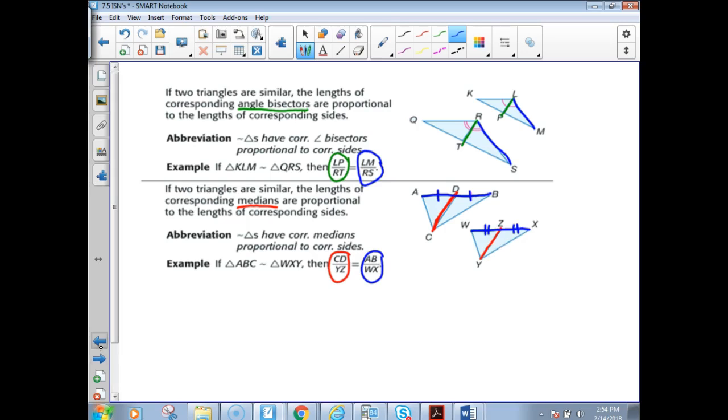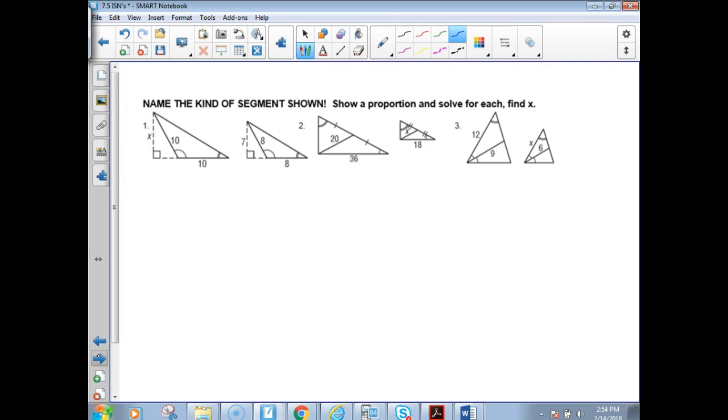All right, so let's see some examples. Name the kind of segment first. So we have to know how to name these segments. What are these things where the x and the 7 are? Are they angle bisectors, or medians, or altitudes? Yeah, those are altitudes. Now we're going to set up a proportion in order to find the missing altitude. x is an altitude and 7 is an altitude. So x is to 7 as, okay, I went altitude to altitude, and then I'm going to go side to side, so as 10 is to 8.